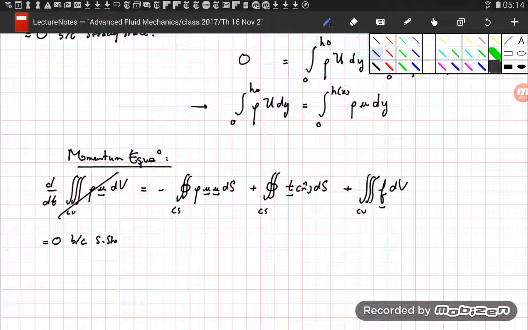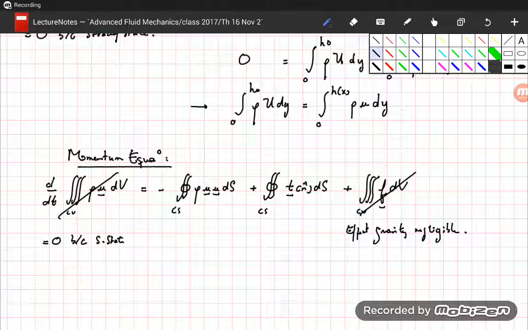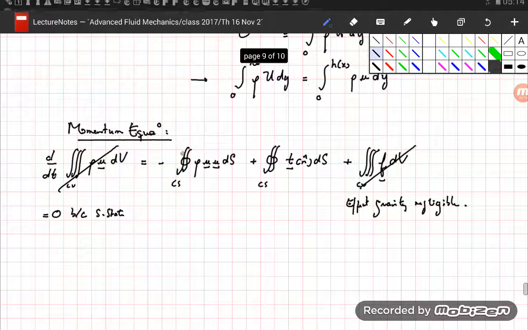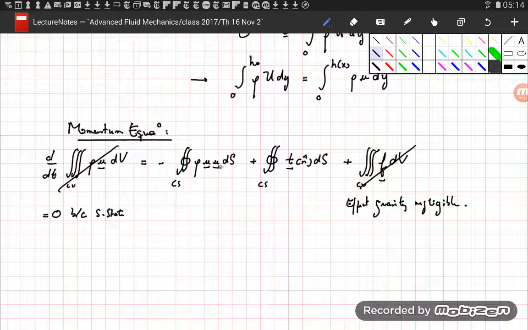Now we are going to neglect the body forces, the effect of gravity. And so we are left with the flux of momentum through our control surface and the integral of the stress vector along our surface.